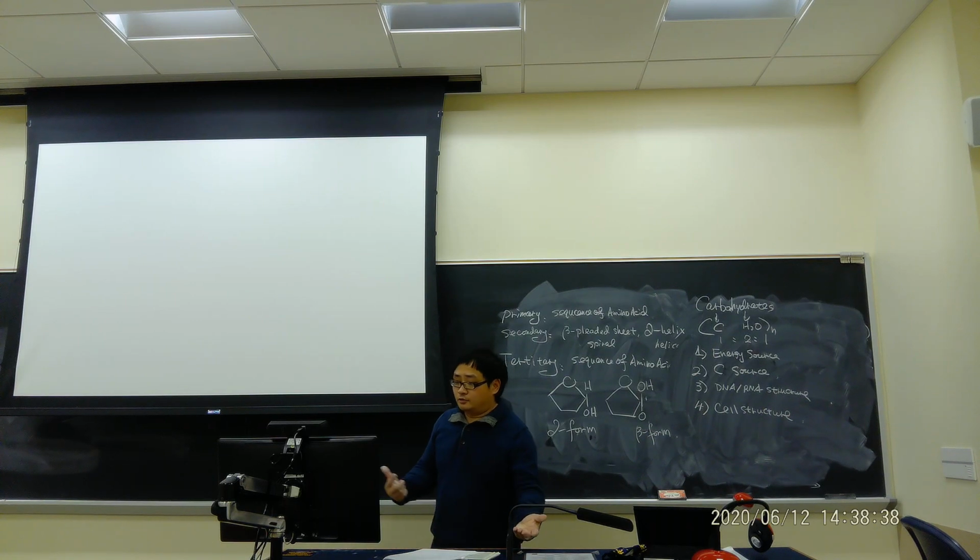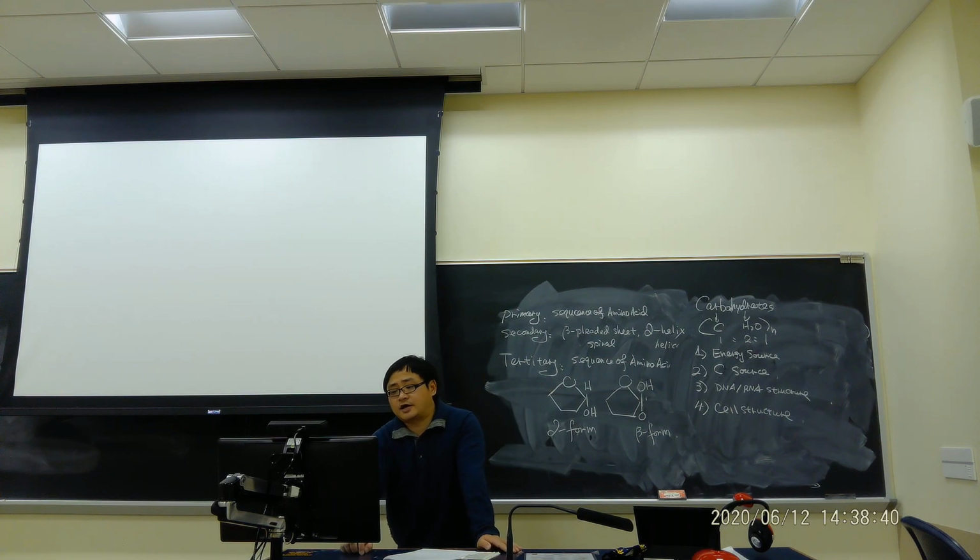Now, we're going to talk about disaccharides, which we call double sugar. In the next slides in class, it's a little bit more detailed. Sucrose is composed of glucose and fructose. Lactose is composed of glucose and galactose. And maltose is composed of glucose and glucose.